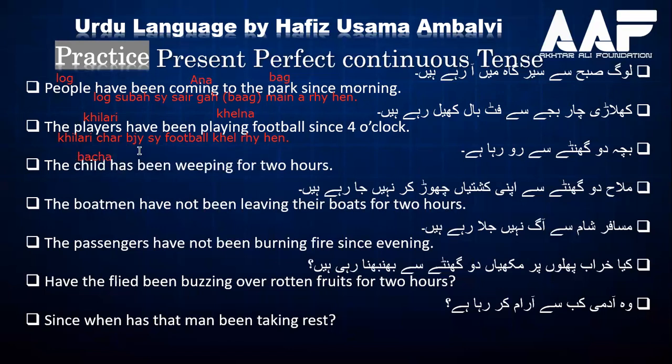After that, we write the time limit. 2 hours means do ghante; ghanta means hour, and ghante means hours. And weeping is a word for crying, they are the same. Rona is a verb, it means rona.